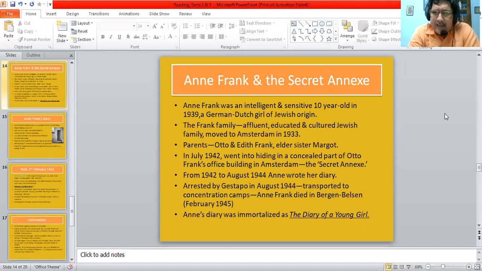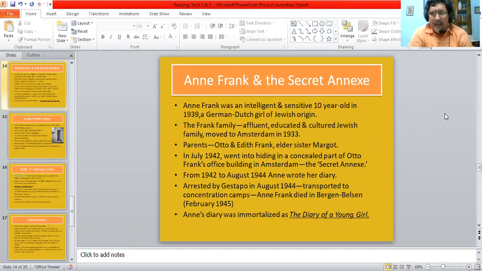Now, the Frank family was affluent, educated, and a cultured Jewish family, and they moved to Amsterdam from Germany in 1933. Her parents, Otto and Edith Frank, and elder sister Margot, consisted of the rest of the family. It was a small, well-knit, and happy family.